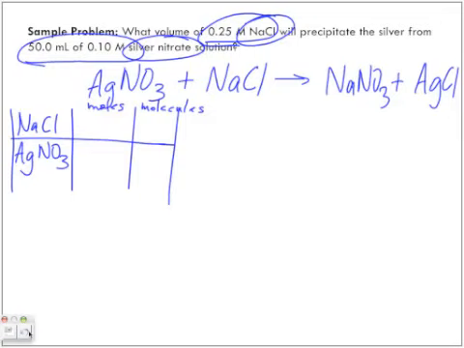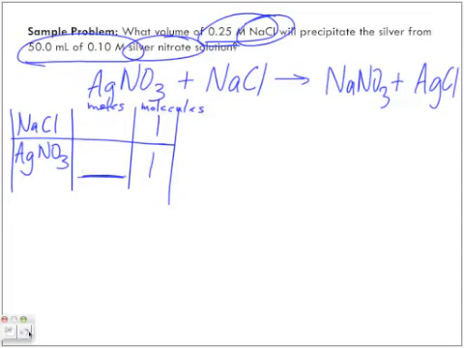So we have how many molecules of each one? Well, we have 1 and 1, right? That's because the balanced equation just has the number 1 in front of it. Number of moles of these are what we need to try to find. But with what we're given, we can actually find them.